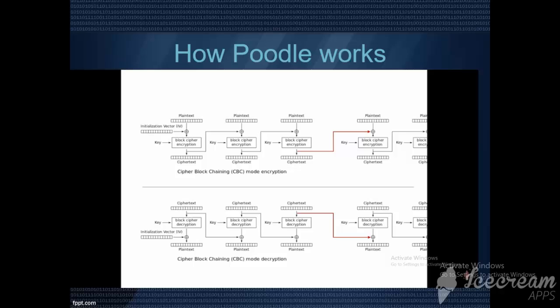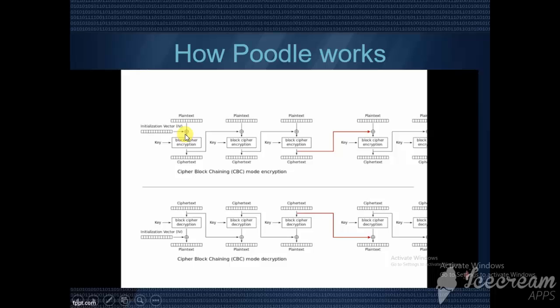So this is the first slide. To happen a POODLE attack, it should use CBC encryption. If you want to get the ciphertext in CBC, the plain text should be XORed with the initial vector.